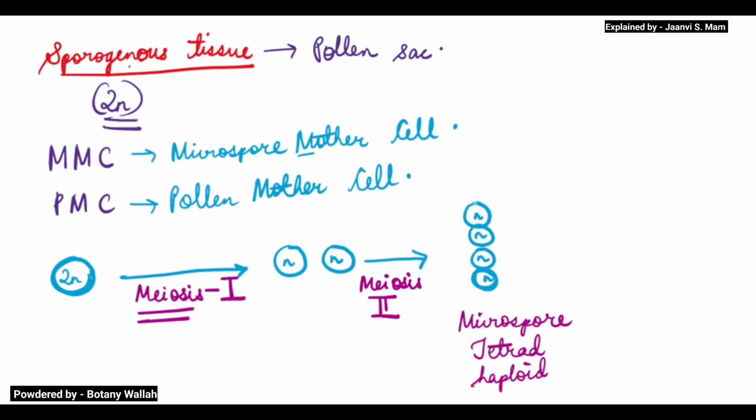After this, each microspore will undergo mitosis. Now each cell we refer to as a microspore, and I told you that a microspore is a pollen grain. So each microspore, meaning one pollen grain, which is haploid, undergoes mitosis.